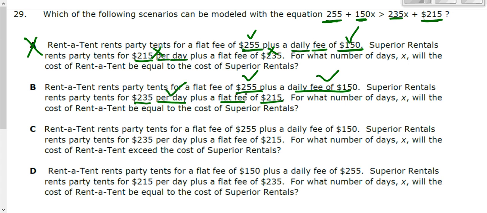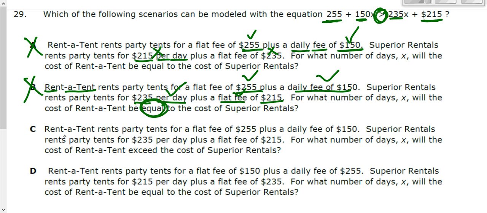So far, that's all right. So now we need to check my symbol, greater than. For what number of days x will the cost of Rent-A-Tent, which was the first part of my equation, be equal to the cost of Superior Rentals? Well, equal. No, that's not correct. This is a greater than symbol, so B is not my answer.